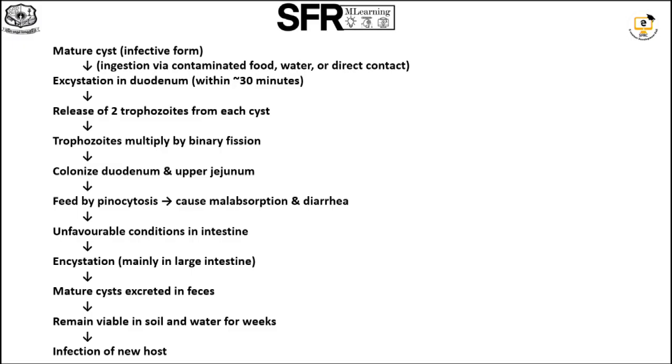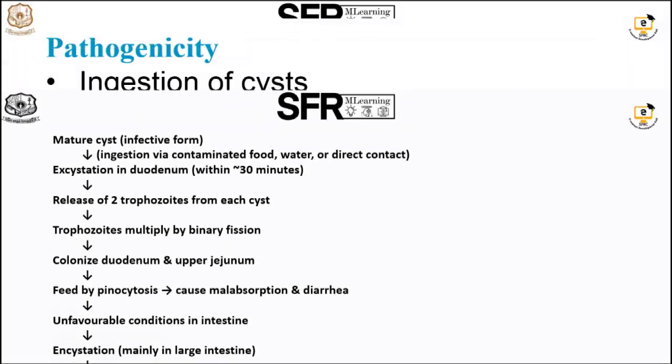These trophozoites multiply by binary fission and colonize the duodenum and upper jejunum, where they feed by pinocytosis, often leading to malabsorption and diarrhea. Under unfavorable conditions in the intestine, the trophozoites undergo encystation, mainly in the large intestine, forming mature cysts. These cysts are then excreted in the feces and can remain viable in soil and water for several weeks, thereby facilitating the infection of a new host.